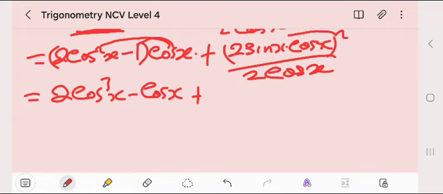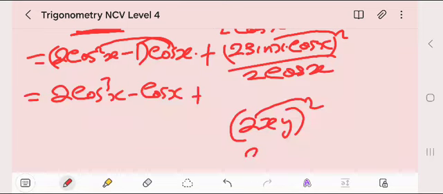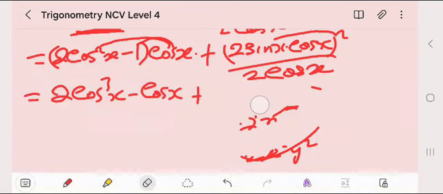Then this, laws of exponents. If you have 2xy squared, you square the 2, square the x, square the y. The same thing applies here.